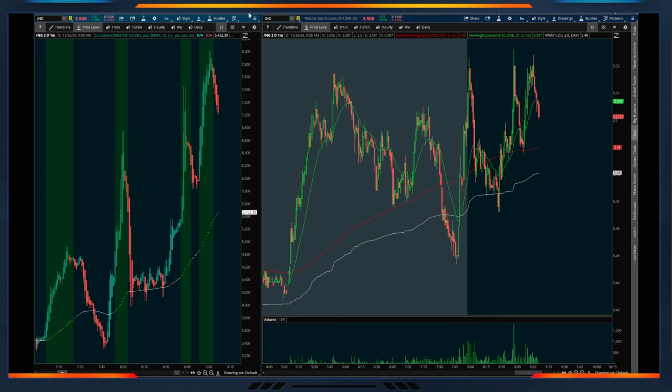But what these candles on the left are doing is netting out the buyers and sellers and figuring out who is more aggressive. So these large green candles are when buyers are extremely aggressive and are more aggressive than sellers. These red candles are the opposite.